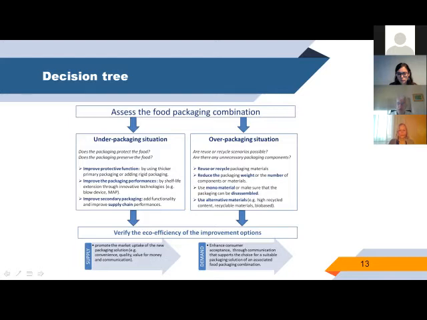You can also work on the secondary packaging in order to better protect the food and to avoid food waste. In case you are in an over-packaging situation, you can try to reuse or recycle the materials. You can try to reduce the weight, use less material, or use different materials. So here we have a checklist for how you can try to improve the over-packaging situation.